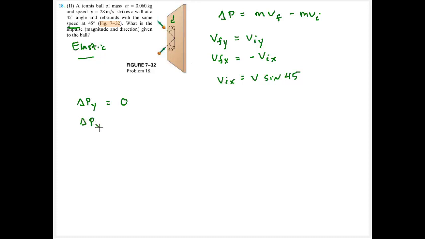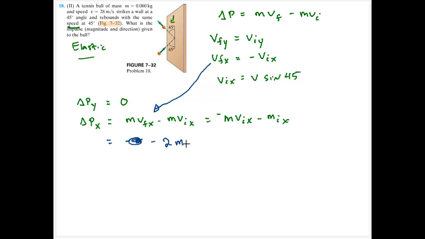The change in momentum in the x direction is going to be mass times velocity final x minus mass times velocity initial x, which is going to be equal to negative mass velocity initial x minus mass velocity initial x. Here I have simply gone ahead and used this relationship right there. So that's going to be negative 2 mass velocity initial x, which is negative 2 mass velocity sine of 45 degrees.